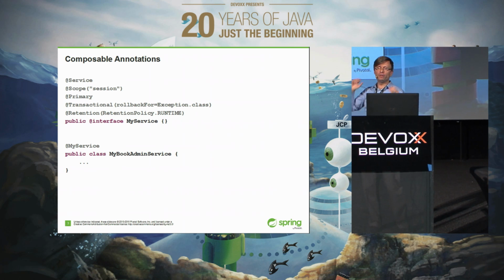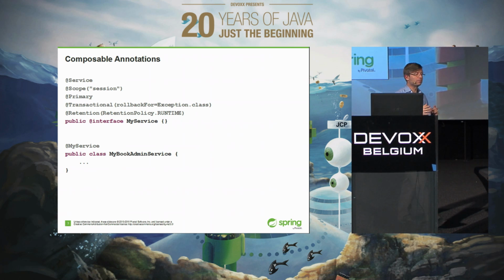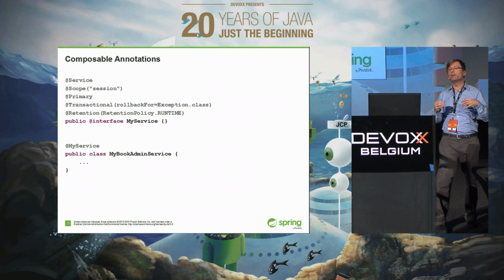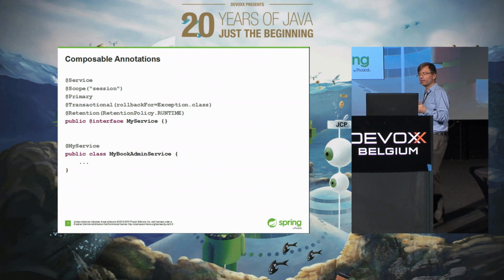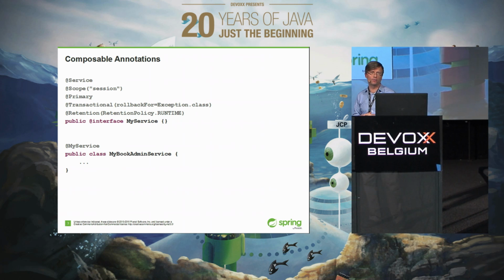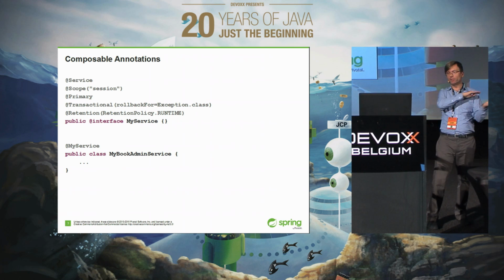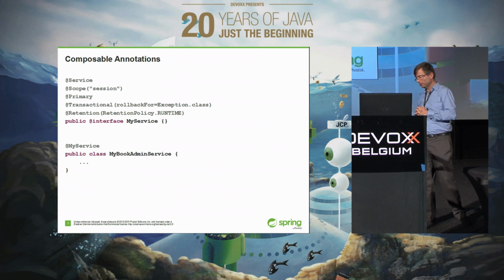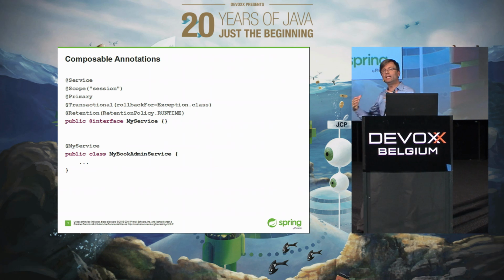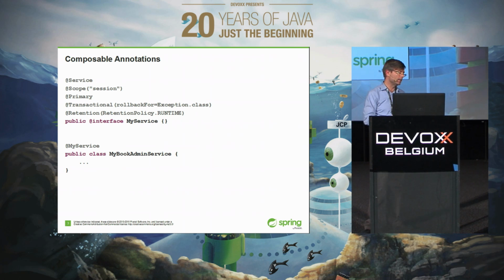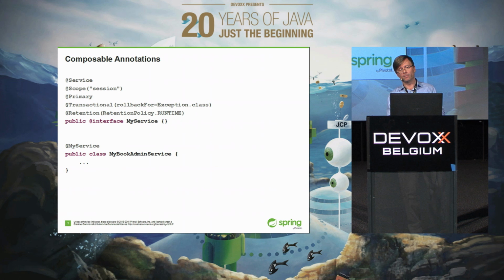I'm using the My prefix consistently in this presentation, but by all means, please use a name that indicates something in your architecture, that has a meaning in your architecture. You could call it OrderService, AccountService, or even just based on some vertical or some horizontal slice, give it the proper name that indicates its role in your architecture.